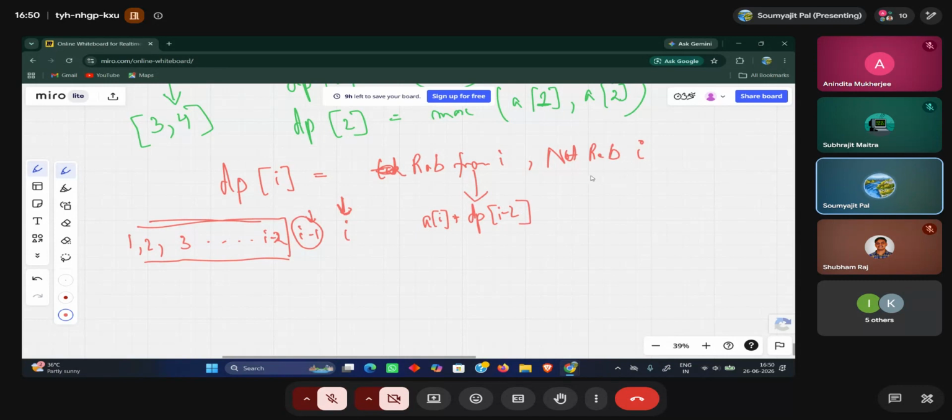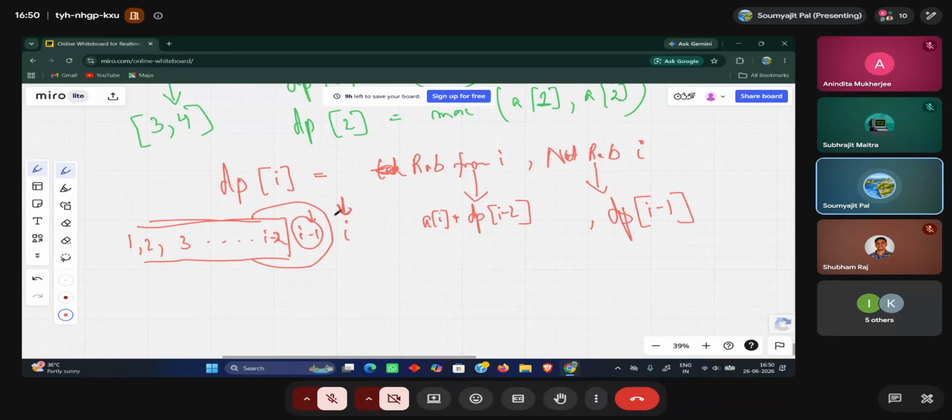Or else I choose not to rob from i, so I would simply write what could have been my answer from the first i minus 1 houses.